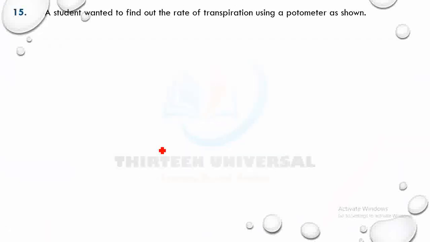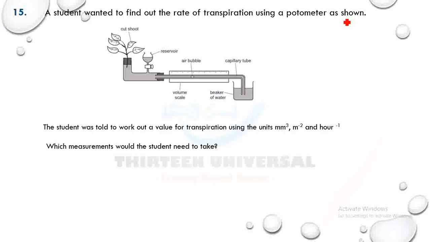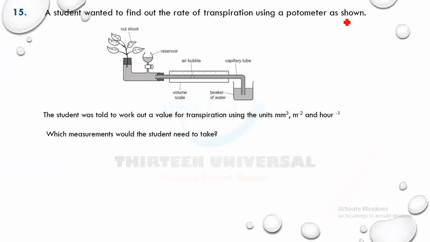A student wanted to find out the rate of transpiration using a potometer as shown. See a potometer. Isn't it cute, guys? The student was told to work out a value for transpiration using the unit. The unit means that it's going to get the volume divided by length, divided by time.